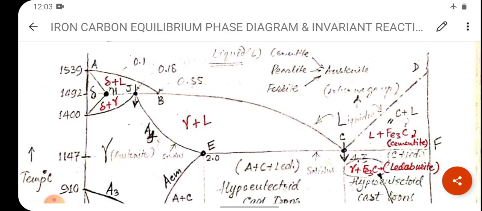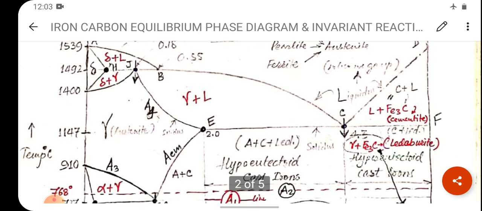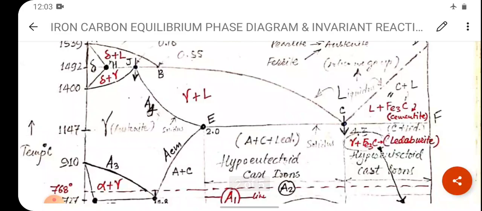It is clear to you? This is visible. Clear? And move from B to E, that is a curve line. Similarly J to 1400 degrees Celsius. Clear? And again E to C, horizontal line, and C to F, a horizontal line.